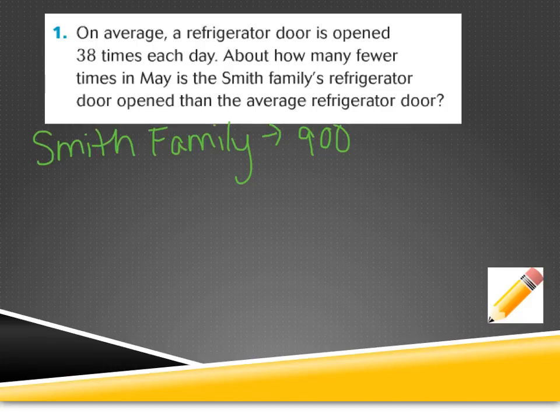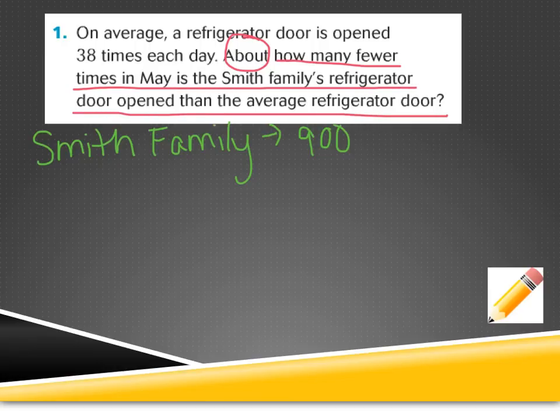About how many fewer times in May is the Smith family's refrigerator door opened than the average refrigerator door? The question still has that keyword "about," so I know I'm going to want to find an estimate. It tells me that I want to subtract.